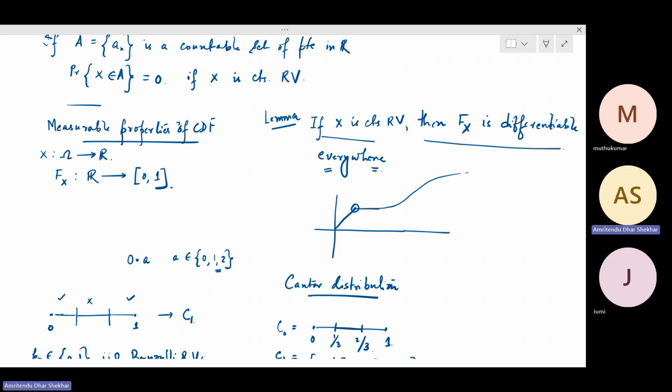So you can have an uncountable set. Is it not differentiable almost everywhere?